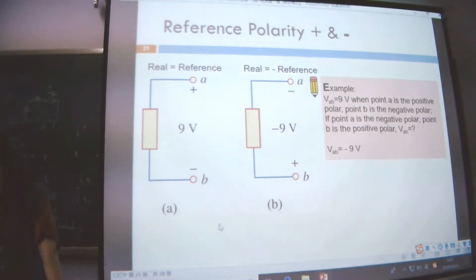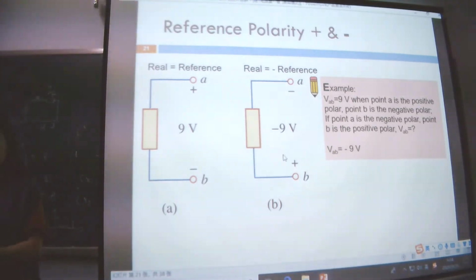VAB is 9V if point A is positive and point B is negative. Here you can see if point A is negative and point B is positive, VAB is minus 9V.